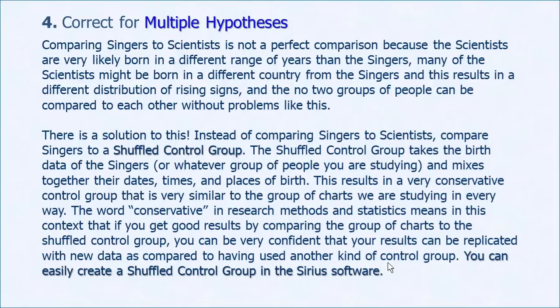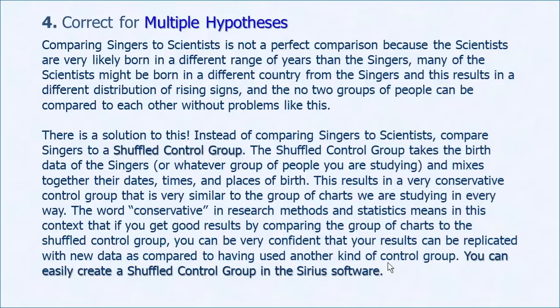And if you get, for example, p less than 0.01, less than a 1% probability that the singers would have this combination of things in their charts compared to the shuffled control group, that is a conservative estimate, because the control group is unrealistically similar to the singers. In real life, it can never be that extremely similar.